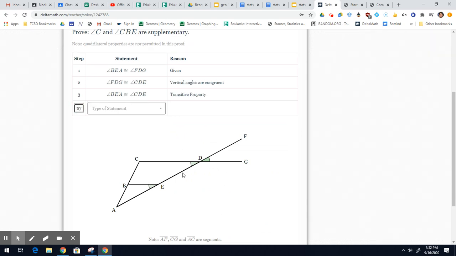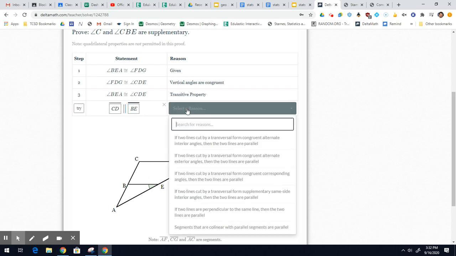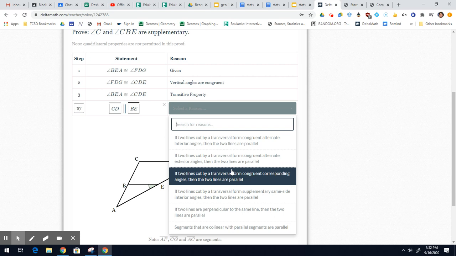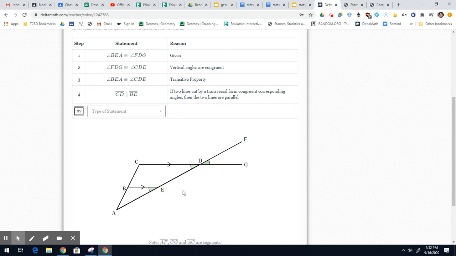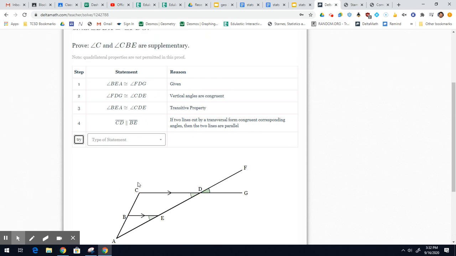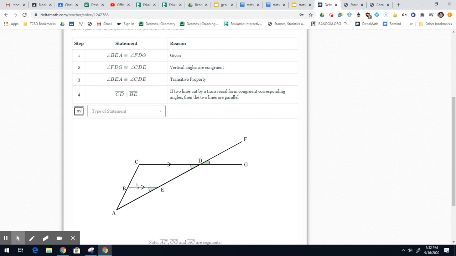And now we have a pair of corresponding angles congruent. We have parallel sides. Let's call it CD, the top one, and let's call it BE, this middle side. And this is going to be because you have congruent corresponding angles. If two lines cut by transversal form congruent corresponding angles, then the lines are parallel. And if those two lines are parallel, then the two angles we want to prove supplementary are same side interior angles.